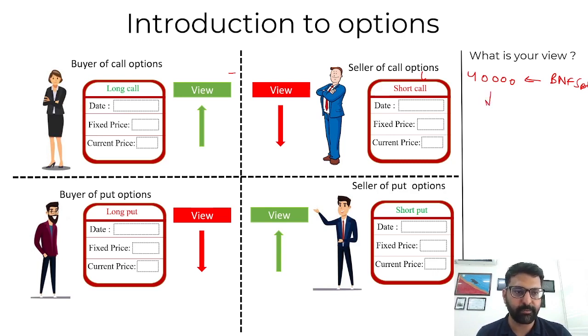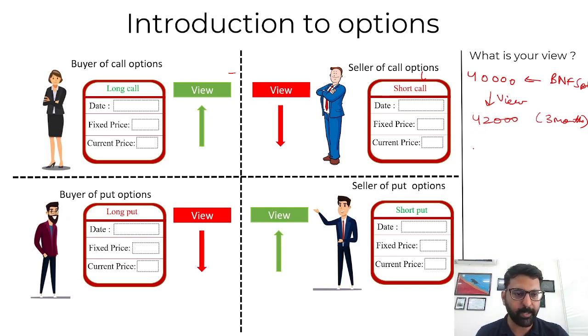Say you have a view that some good news is going to come in, or the markets are looking very good in the medium to long term. Then you say my view is that it will go up to 42,000. So there will be a 5% increase, let's say, in a period of 3 months. This is your view, right? So for this view, what is the kind of position you can create?